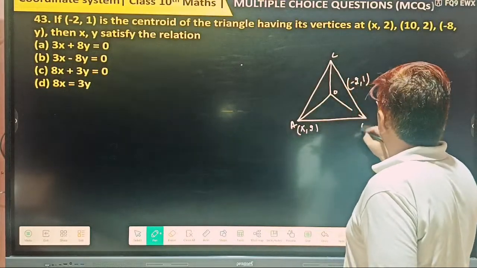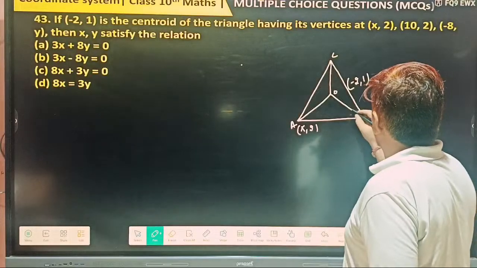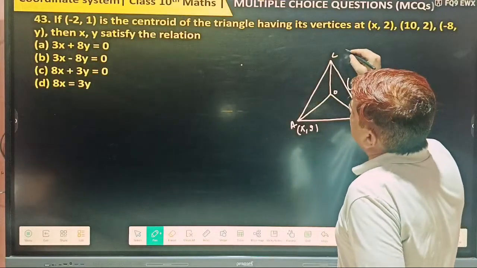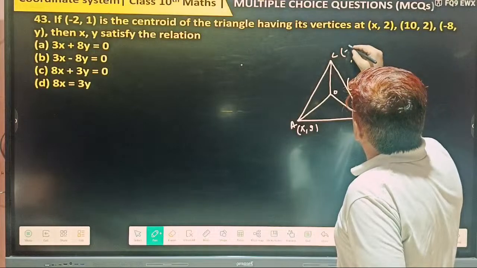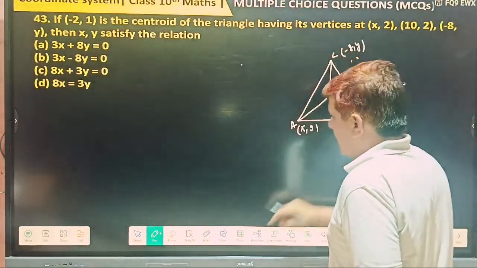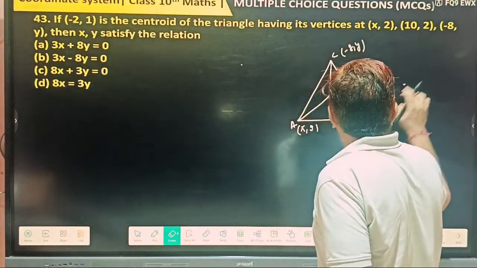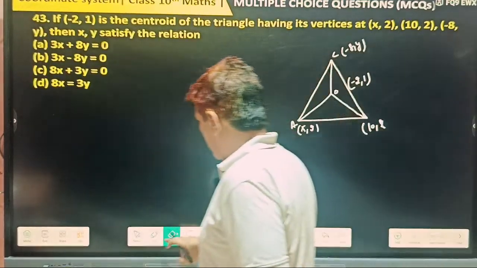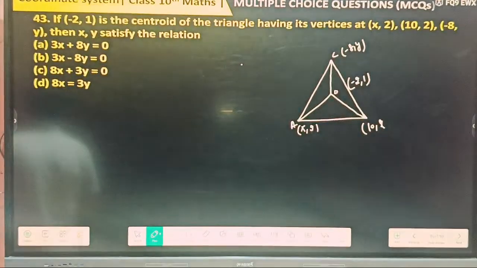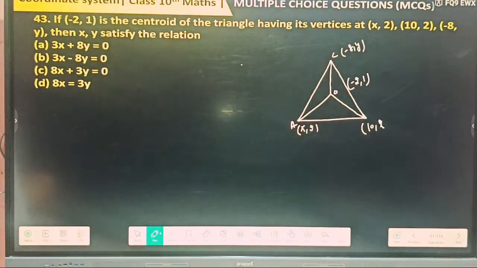B is what? tan 2. And C is what? Minus 8. And this is y. I have taken this. So applying which method? This method we can apply.